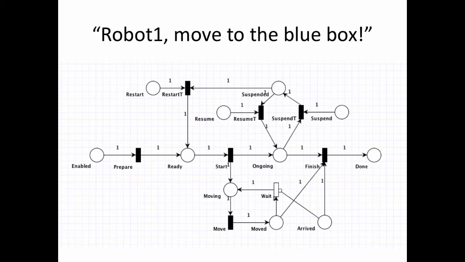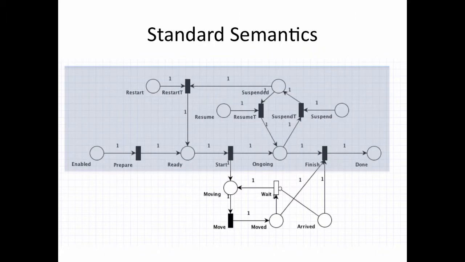But before we show that example, I want to talk about what I think of as the standard semantics of this structure. So it's a PetriNet, but we've given it a structure that we think is appropriate for events and for actions in particular. And the stuff that is highlighted in gray are things that we think are common to all events.